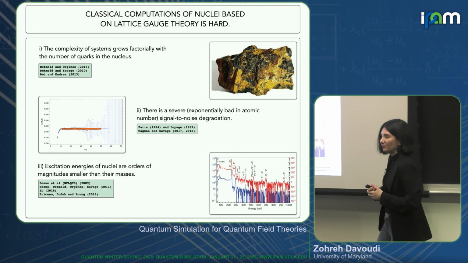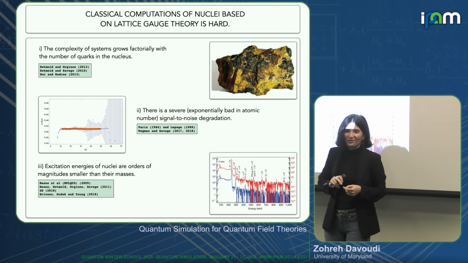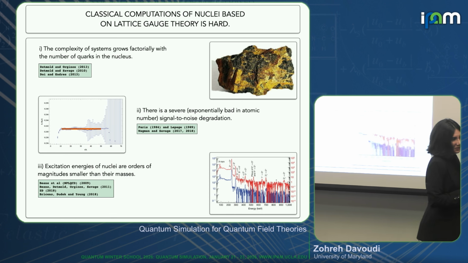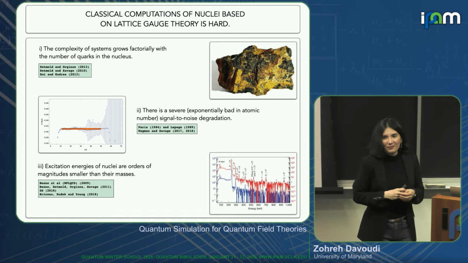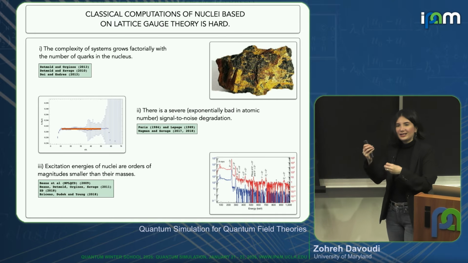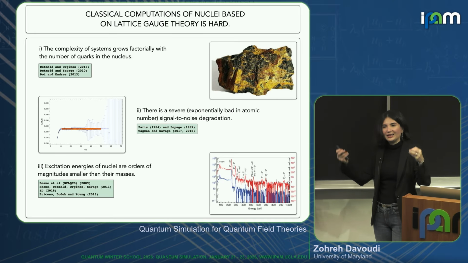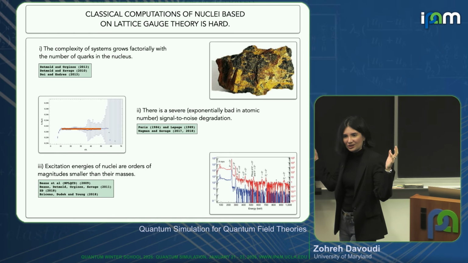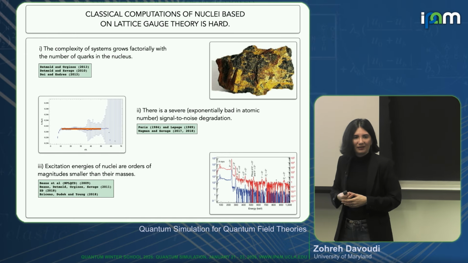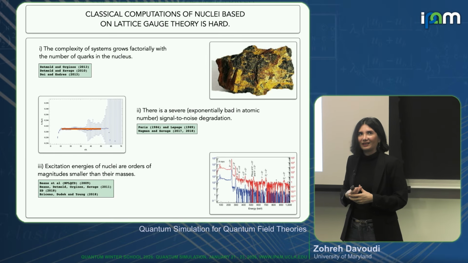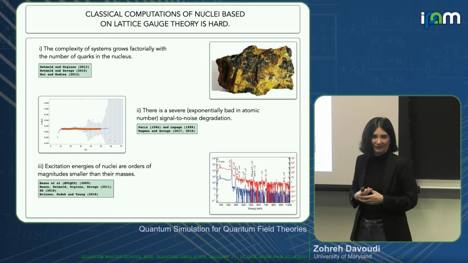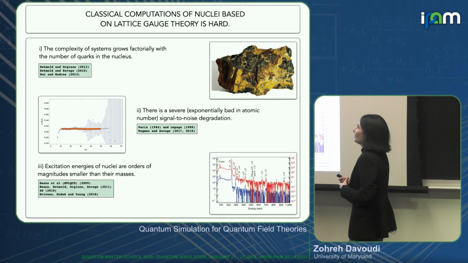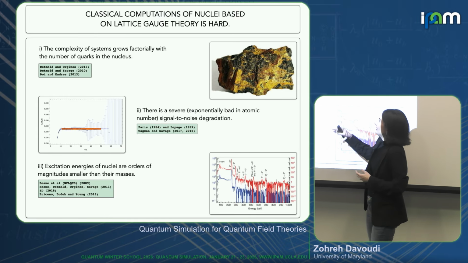You would think that it's not too bad, but I would definitely encourage you to just do the calculations. So for example, if you want to do something like germanium and so on, the number of terms that you have to account for in the calculations would be so huge that we would never ever have classical computers to just fit it, okay? So that's number 1. So that's a huge problem.